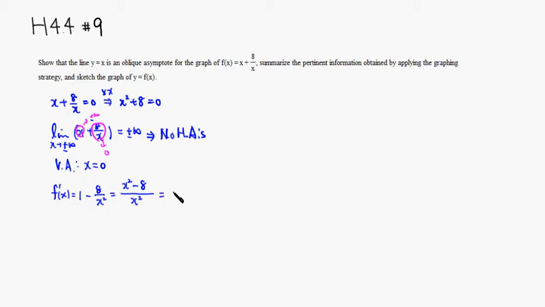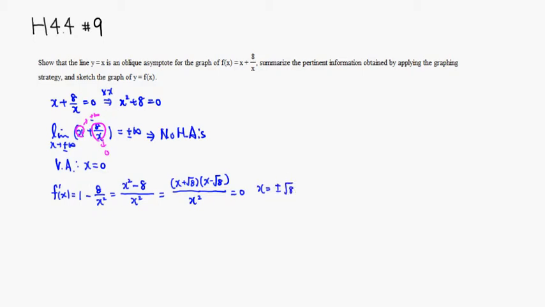Then we can factor: x plus square root of 8 times x minus square root of 8, over x squared. Set that equal to 0, so x equals plus or minus square root of 8.